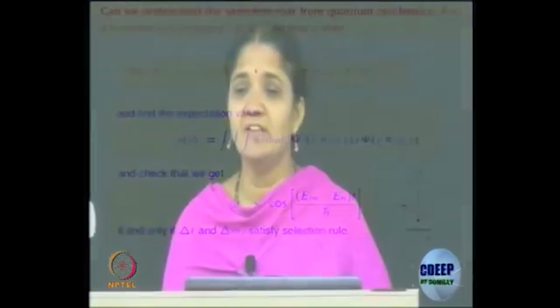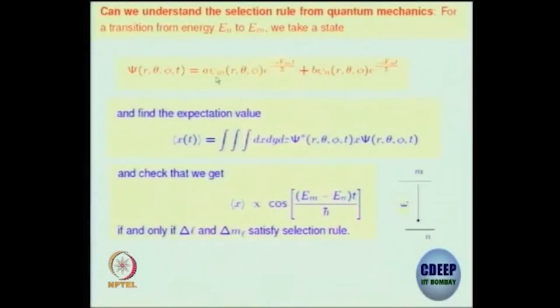If you do it in the three dimensional hydrogen atom problem, formally you have to write n1, l1, ml1, and this one should be n2, l2, ml2, and then do the integration over the volume to find the radial coordinate expectation value. That you can do sitting in a hostel room, calmly.